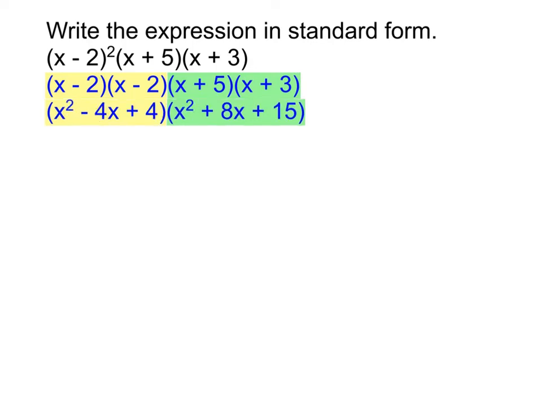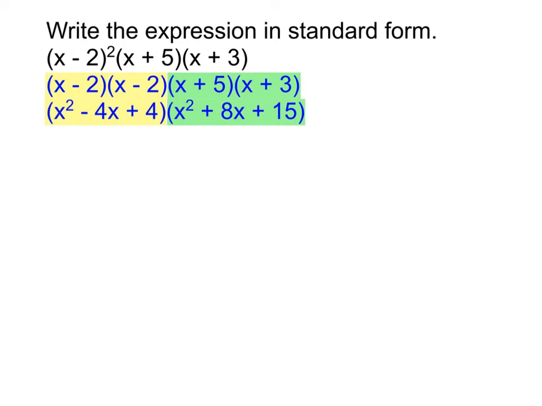And so when we multiply those together, this is what you should be looking at after you've multiplied and simplified. So the x minus 2 times x minus 2 gives me x squared minus 4x plus 4. And then when I multiply the x plus 5 by the x plus 3, I get x squared plus 8x plus 15. Now once I do this, then I can go ahead and worry about multiplying those results together.